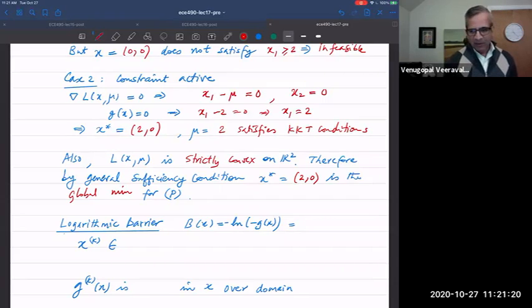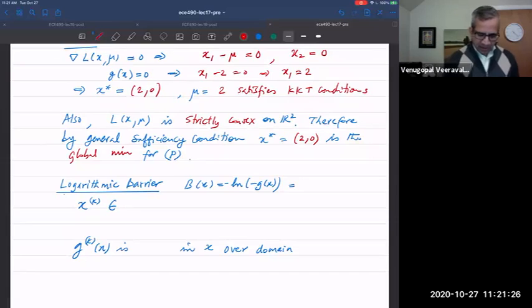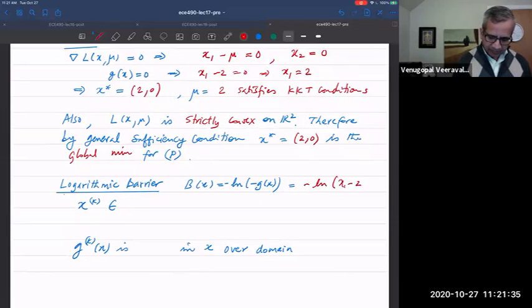Okay, so now let's see what happens if we apply the barrier method to this problem, and let's confirm that the barrier method goes to the right answer. Let's take the logarithmic barrier in this case. It's negative log of minus g of x, so in this case it's minus log of x1 minus 2. At the kth iteration, we're finding xk, the minimizer.